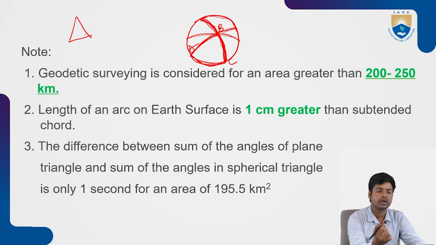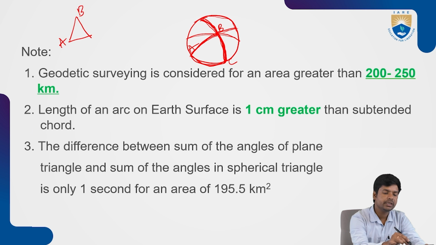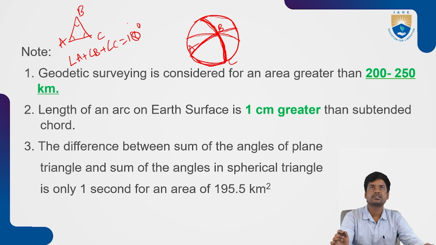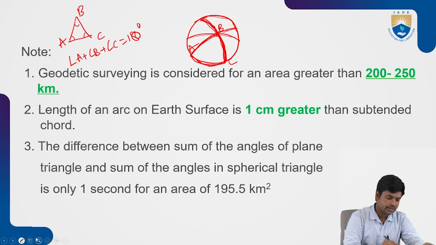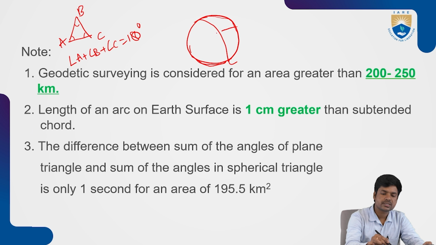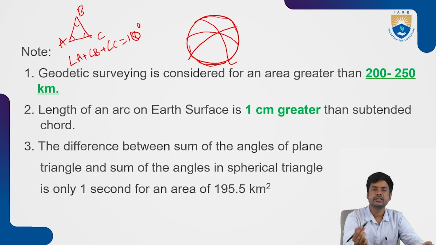And if you take the plane triangle, we already know this. This is plane triangle ABC, and we have angles. Angle A plus angle B plus angle C is equal to 180 degrees. This we already know. Here is one great circle, another great circle, and another great circle.